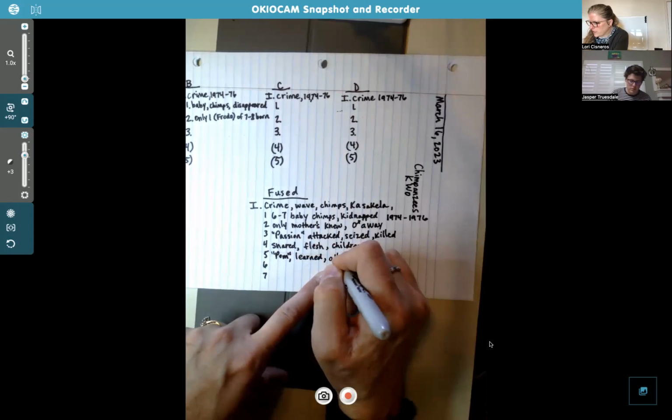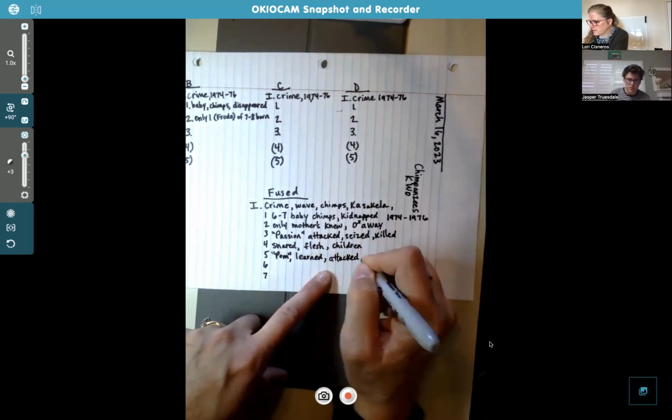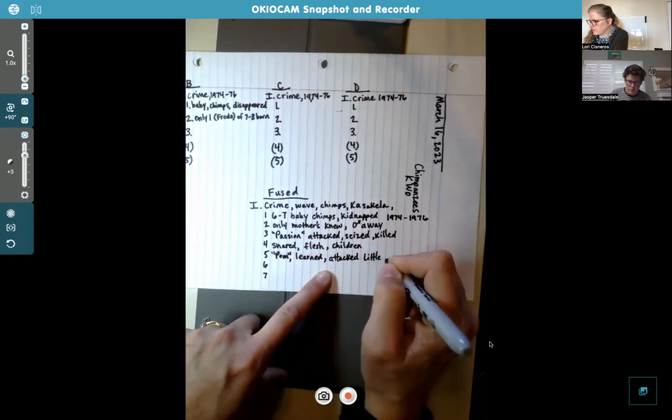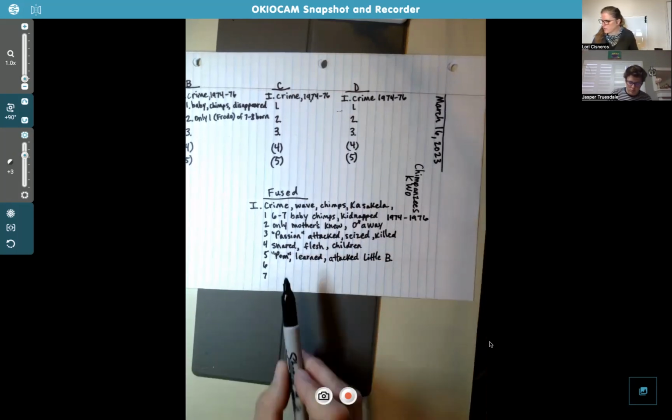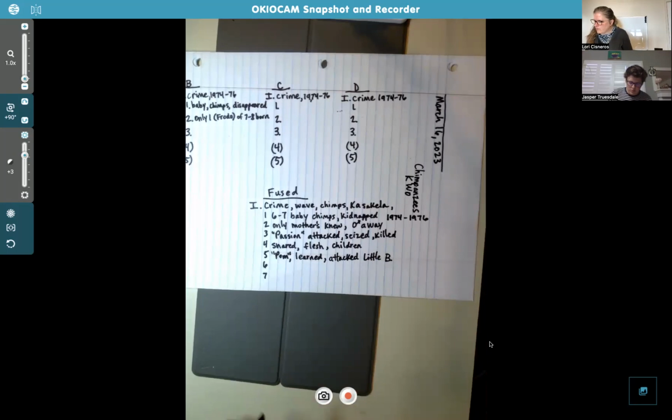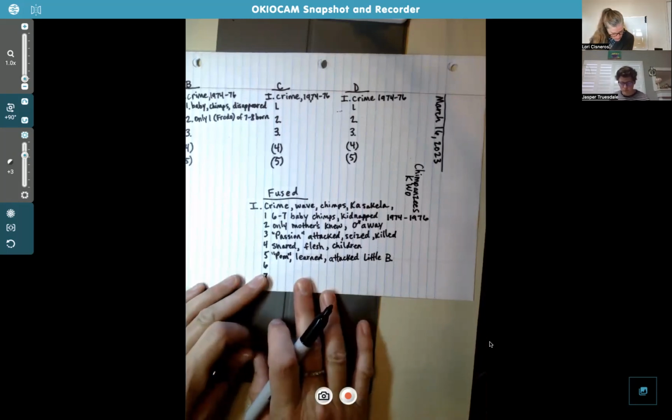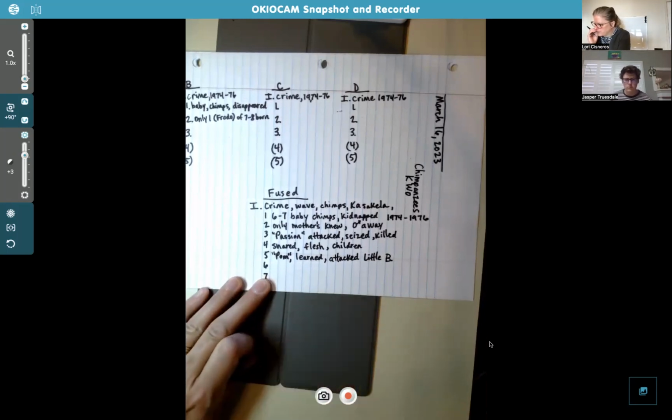So maybe we could just put attacked little, and I'll just put b dot so we know which one it is, because we've already got 1, 2, 3, 4. So Palm learned. So basically Palm learned from Passion and then tried to attack little b, and then little b escaped.